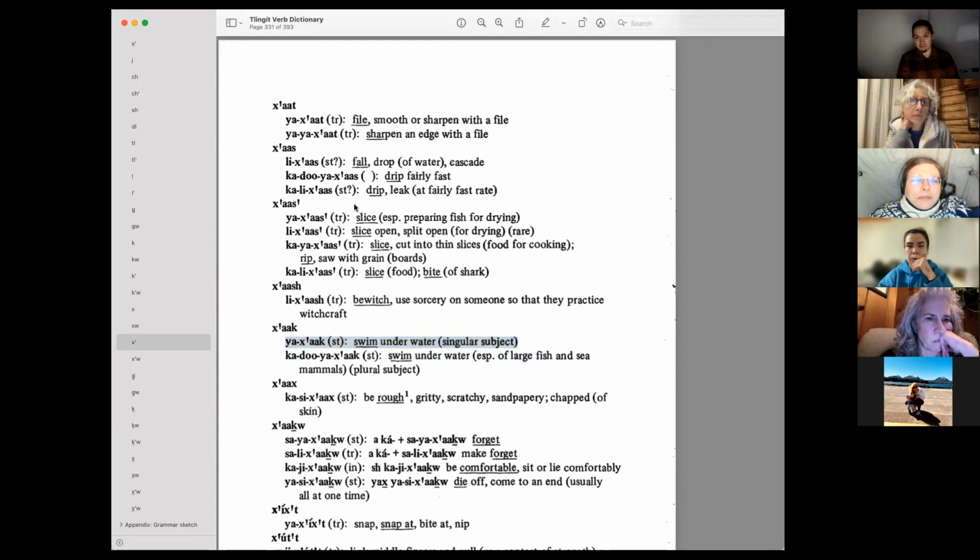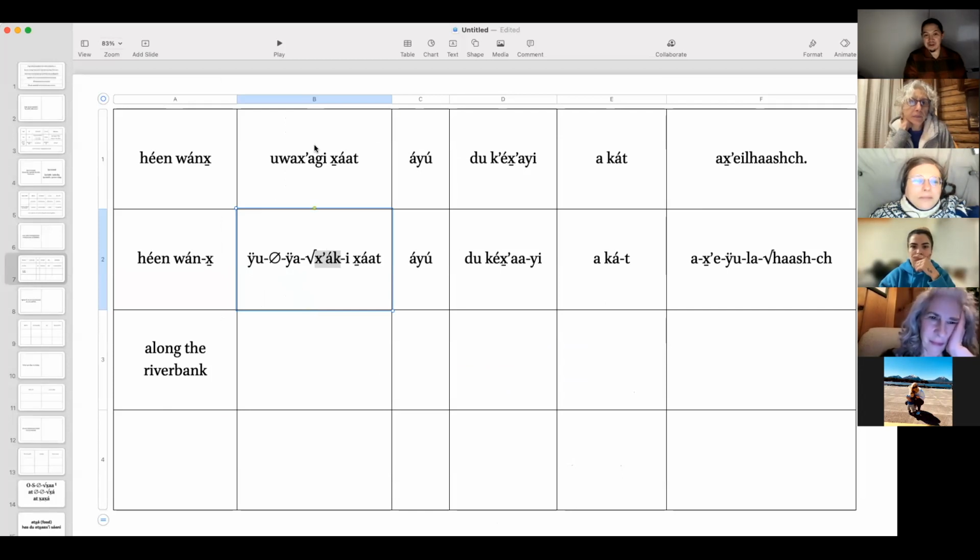Sounds like the word for apple. Oh, I guess if an apple could swim underwater. Oh. So what you have here, you can have verb, noun, and you'll get the noun that does the verb.